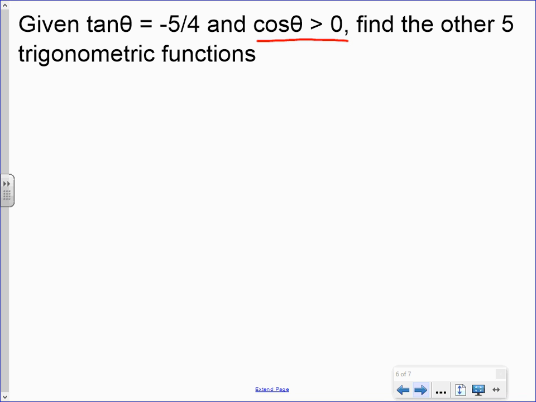So by giving us that the cosine is positive, we can narrow it down to the fourth quadrant. So our reference triangle needs to be drawn in the fourth quadrant. You have to draw your reference triangle in the quadrant given to you.